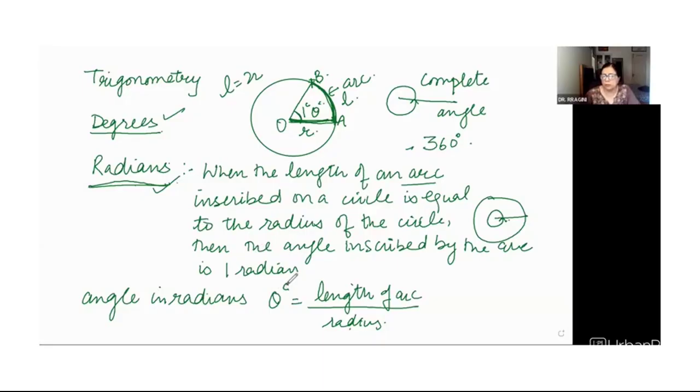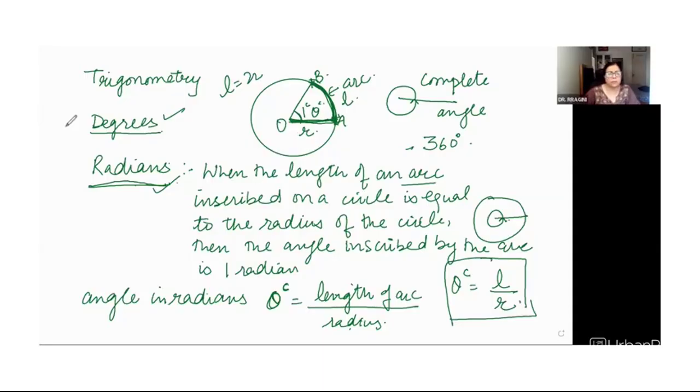So we can find this measurement: angle in radians is equal to length of arc divided by radius, right? So theta in radians is L by r, right? So this is how we find the angle in radians when the length of arc and the radius of the circle are given, right?